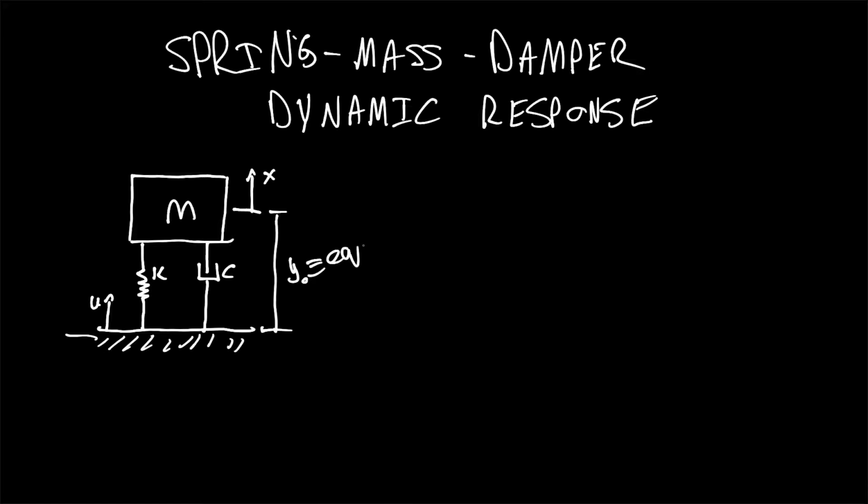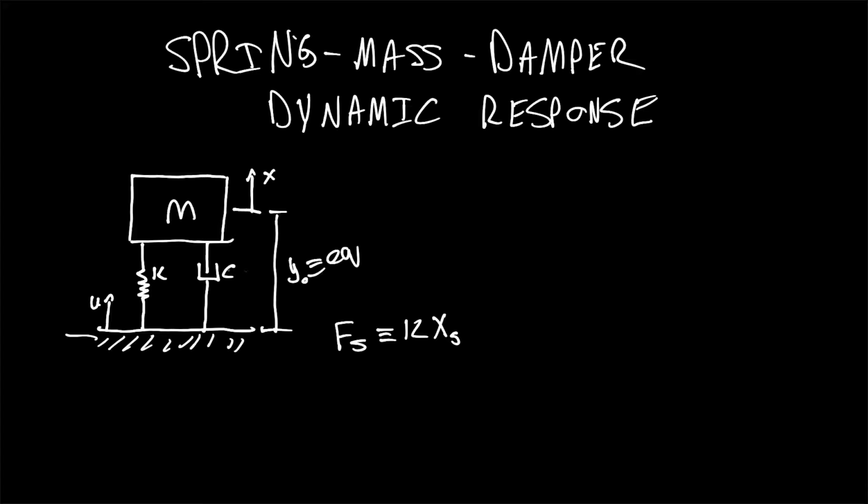I'll call that EQ. So we have our displacement of the mass, which is going to be x, that is relative to the equilibrium point, and that's going to be important to note later on. And we have a regular spring here where the force in the spring is equal to k times the extension of the spring. I'm going to call that xs.